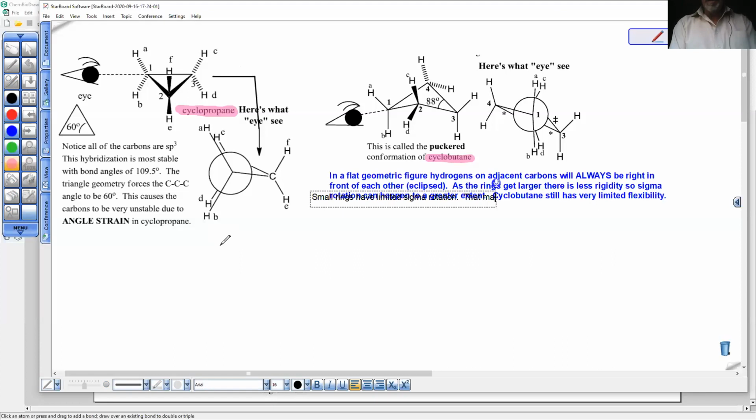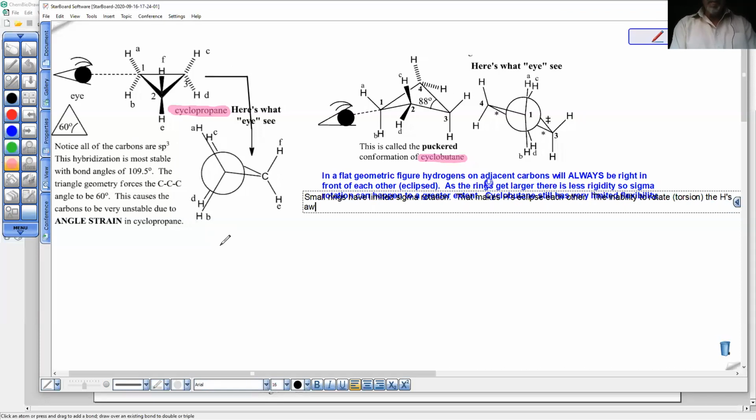That makes H's eclipse each other. Don't worry, I'll move these comments. The inability to rotate, I'm going to throw a word in here, torsion the H's away from each other. Really bad typing.